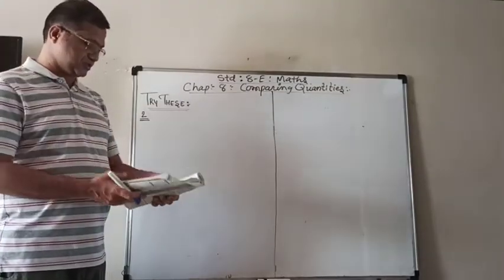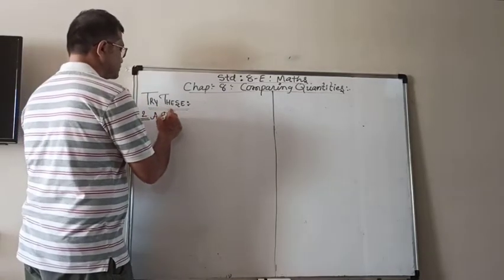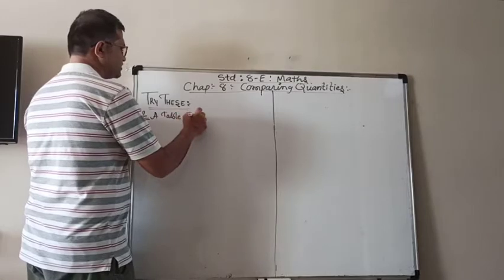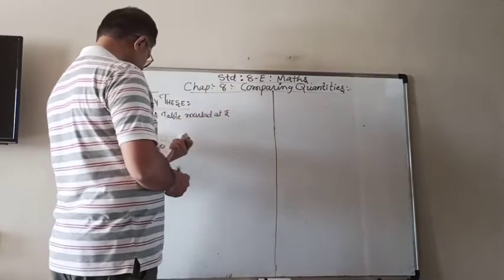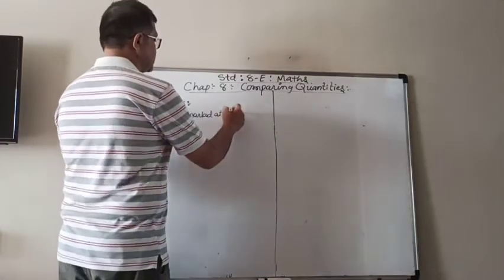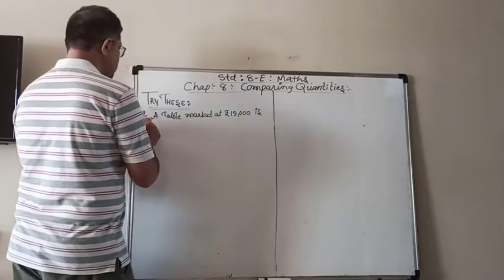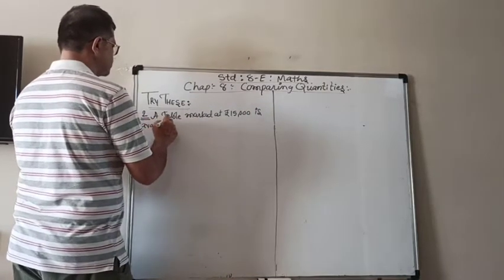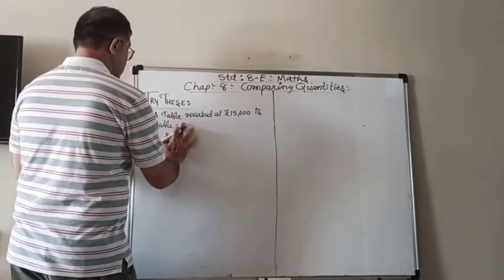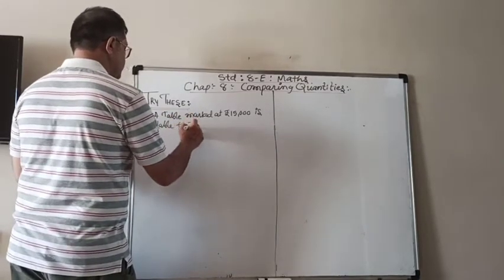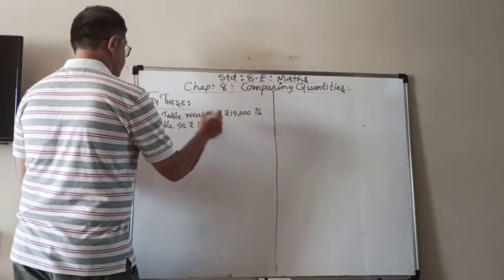Now second question: a table marked at rupees 15,000 is available for rupees 14,400.